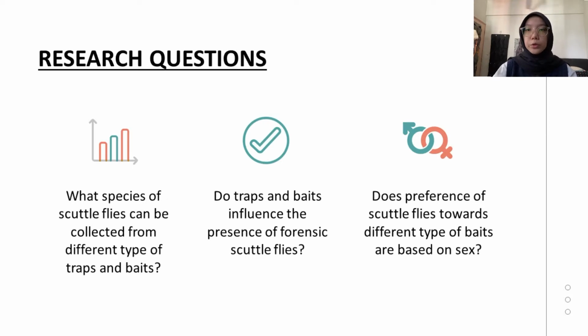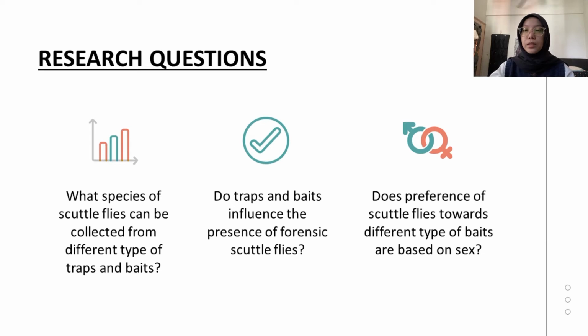Therefore, we want to know what species of scuttleflies can be collected from different types of traps and baits. Is it possible to catch new species or new records? Do traps and baits influence the presence of forensic scuttleflies? In other words, is attraction to certain types of traps or baits species specific?